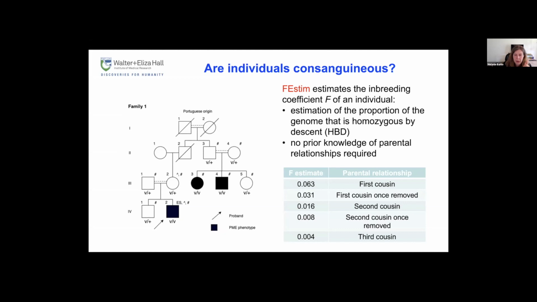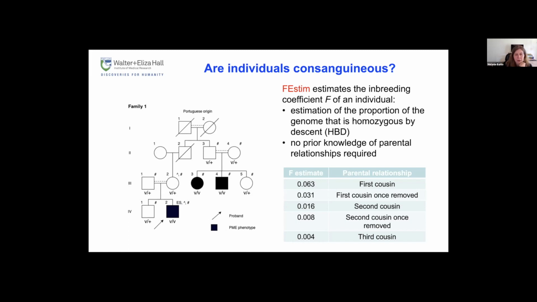If the parents are first cousins, then their offspring, as you go along the genome, has a 6% chance of that point being homozygous by descent. As the parents' relationship gets more distant, that probability decreases, and by the time you get to third cousin, there's not much probability left.